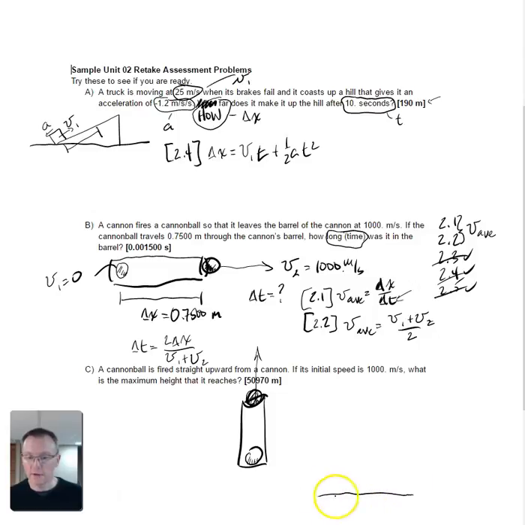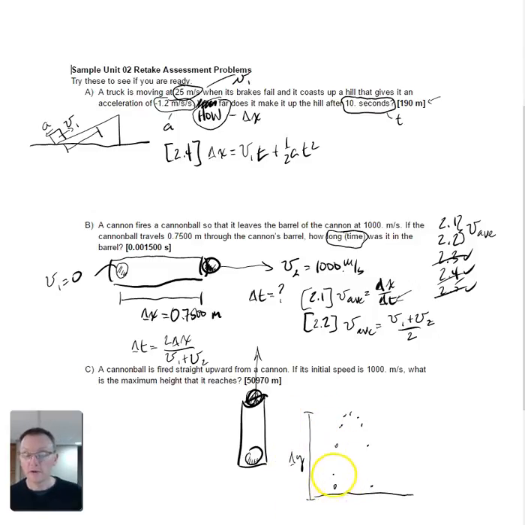So let's imagine that as it leaves the cannon at this level, it's going up, and going up, and going up, until finally it gets to the top, and we're actually trying to find what that height is, right? And then it starts coming back down again until finally it hits the ground. And so we're trying to find this delta y, this height that it gets to.